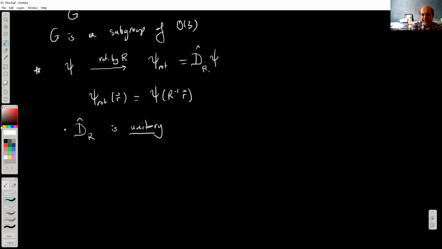Basically the wave functions can be considered as vectors in an infinite dimensional vector space, actually a Hilbert space with an inner product defined on it. With this structure, this is unitary, meaning that it is norm preserving. So if the wave function is normalized, the rotated wave function is also normalized.